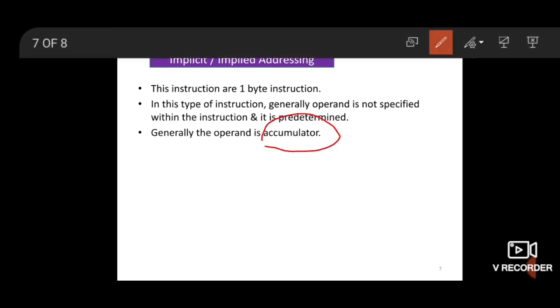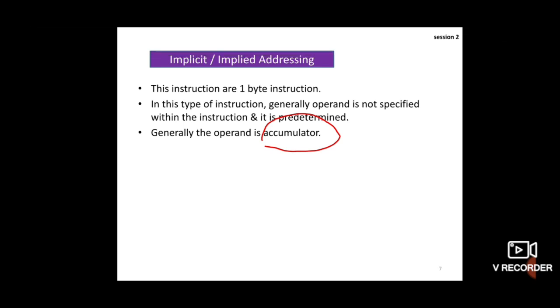Mostly the operand is the accumulator, and that instruction is included in implicit or implied addressing. It means the instruction in which no address is specified, no data is specified, and no register is specified is called implicit or implied addressing mode.